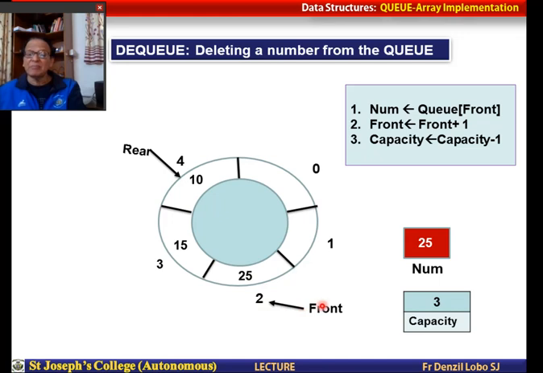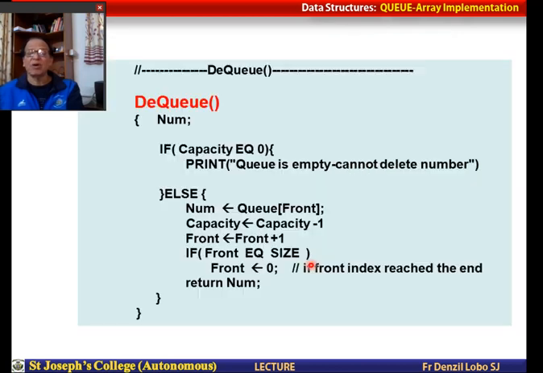Then I increment the value of front to 3. It was 2, now it has become 3. And you decrement the value of capacity. Capacity was 3 earlier, now it becomes 2. So this is to be done in the case of deleting a number from the queue. And as I said, deletion is always from the front of the queue.